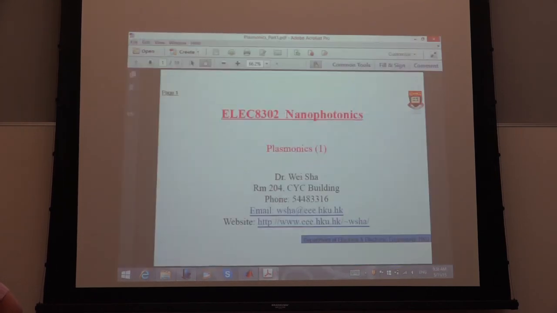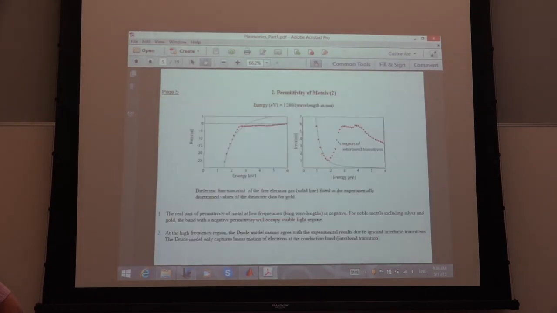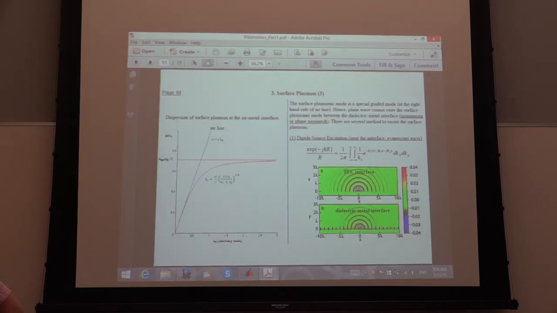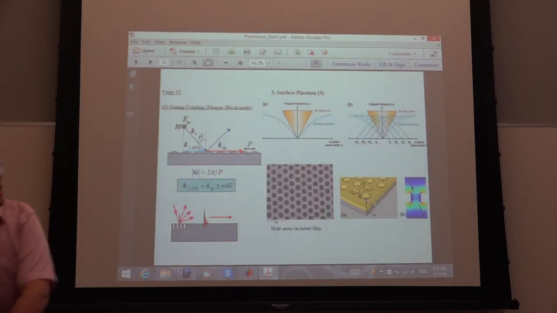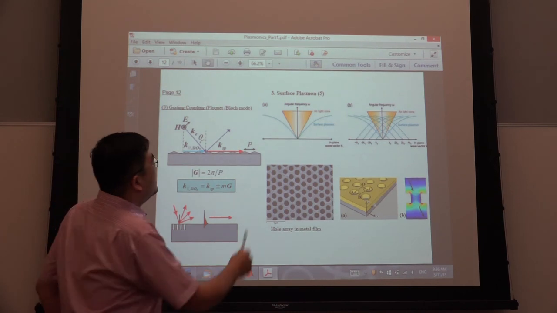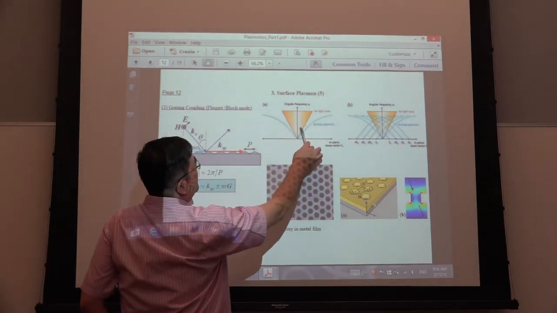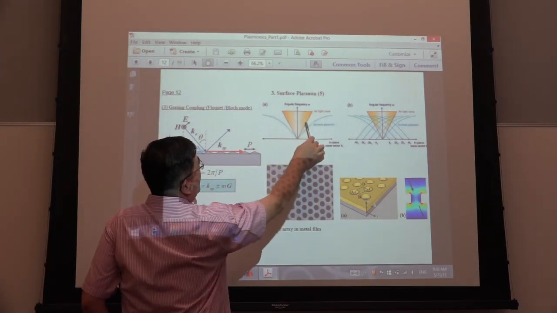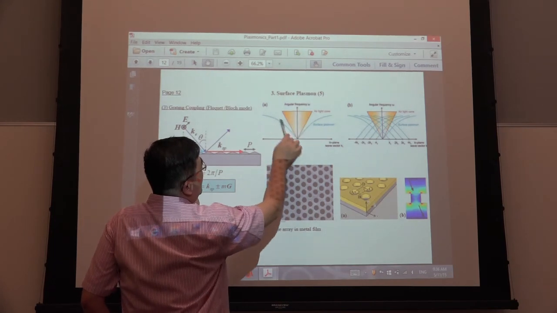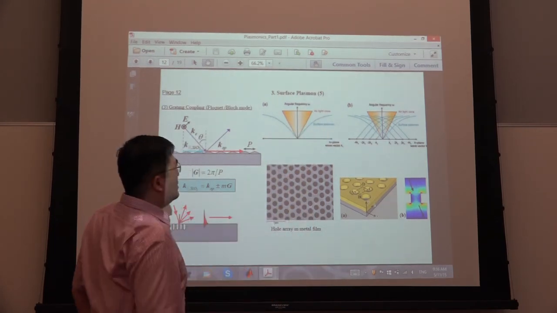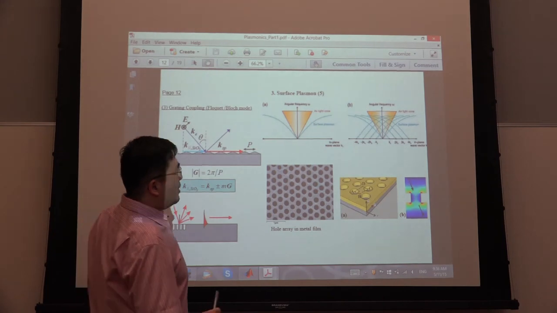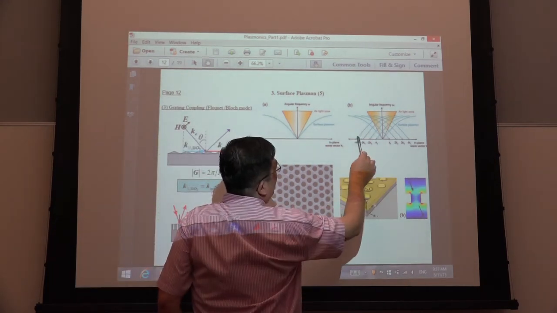So I think the intuitive picture is something here. You can see that this is the effective vector potential of this air. This is the dispersion curve of the surface plasmon, the blue curve. If you have the periodic structure, we can do a periodic expansion.